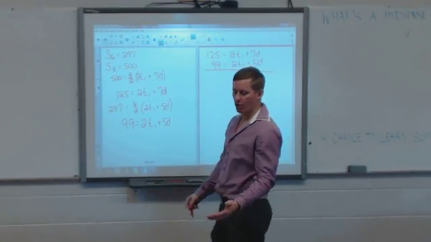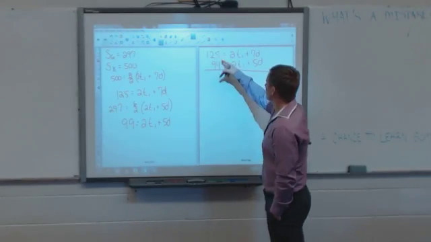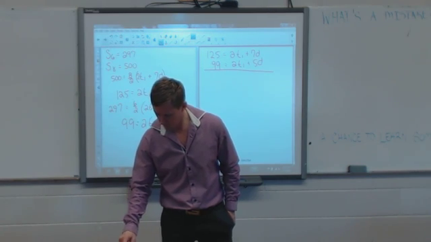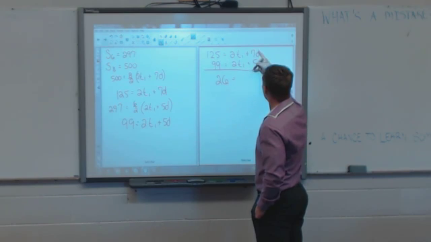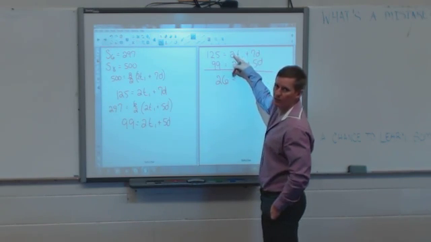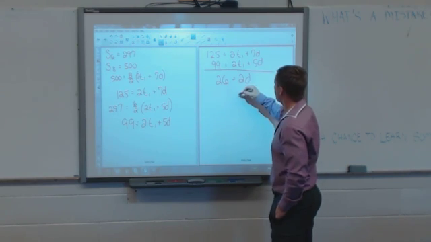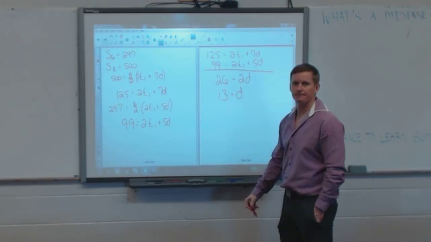Because I'm dealing with a common difference, I'm going to subtract them. So 125 subtract 99, 26 is equal to 2t1 minus 2t1 is 0, 7d minus 5d is 2d. d is equal to 13.